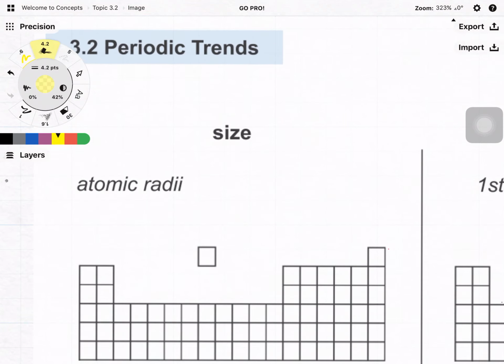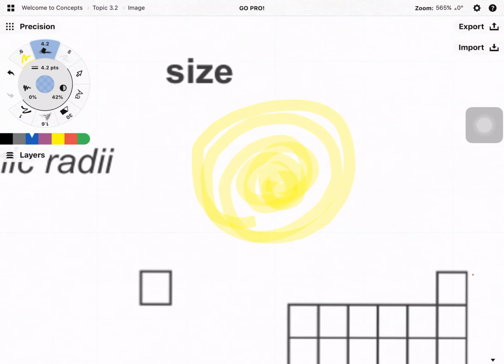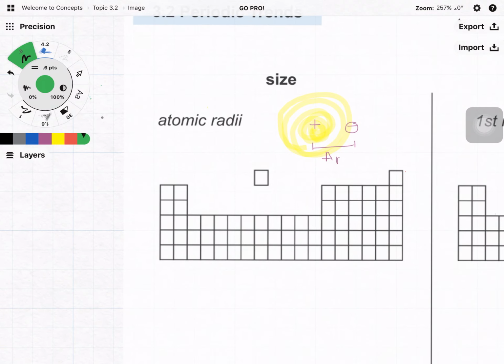So atomic radius talks about how big atoms are. To measure it, we basically take the center of the atom, the nucleus, and we measure the distance to the furthest electron, and that is known as the atomic radius. As we go down the periodic table, the atomic radius increases.